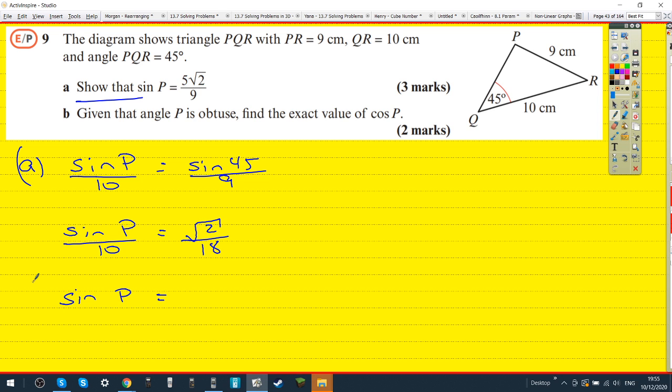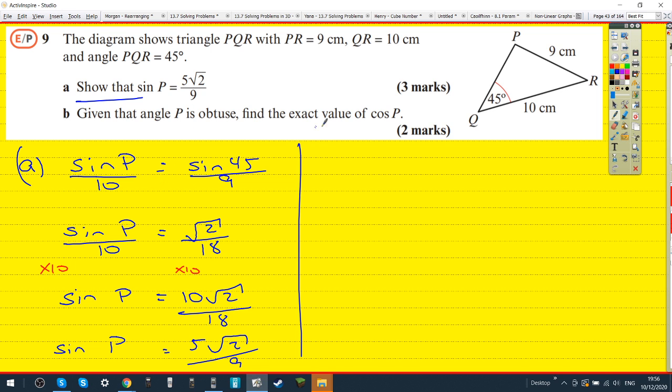And then could you divide on both sides? It's already divided by 10. Okay, multiply by 10 then. So sine P is equal to, you can just multiply it by 10 in the calculator, which is equal to 5 root 2 over 9. Yeah. That's it. We've shown it.